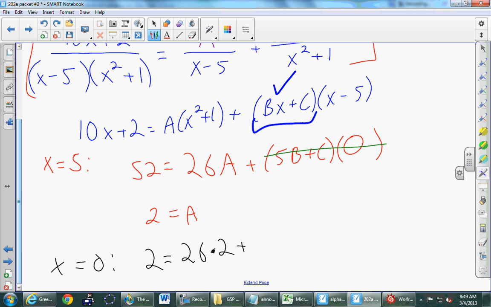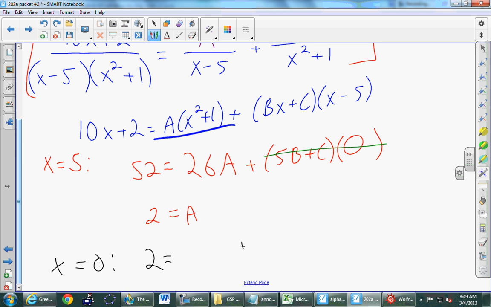So what's in the parentheses? Did I make a mistake? What did I do wrong? I'm plugging 0 for x. Oh, I used the red equation. Thank you, thank you. Okay, should have plugged in x equals 0 there.